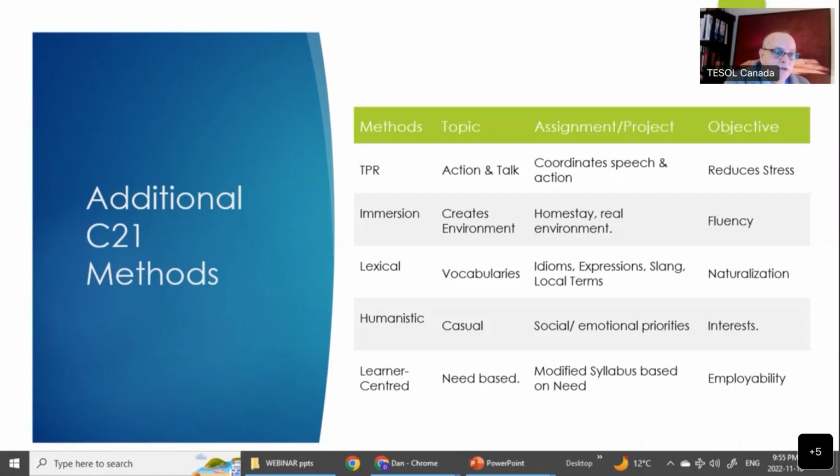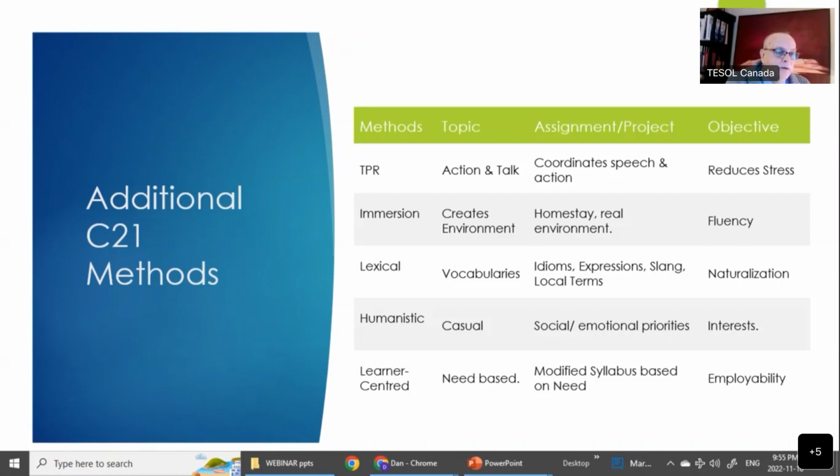Each of these has its own characteristics, its own benefits, and some of them have benefits, some of them have downfalls because no individual methodology or approach always works all by itself.